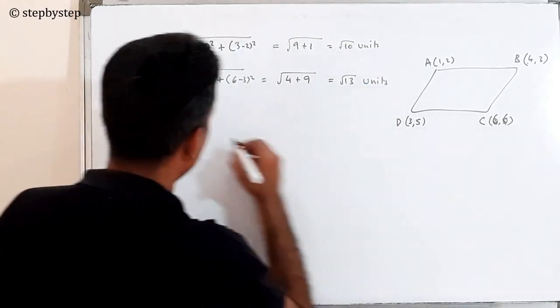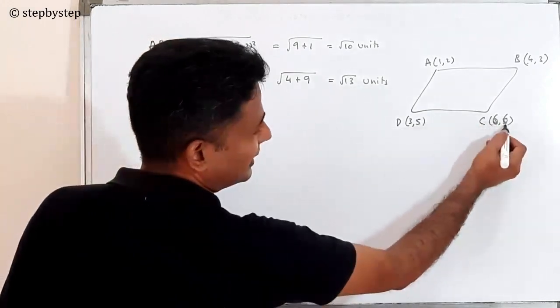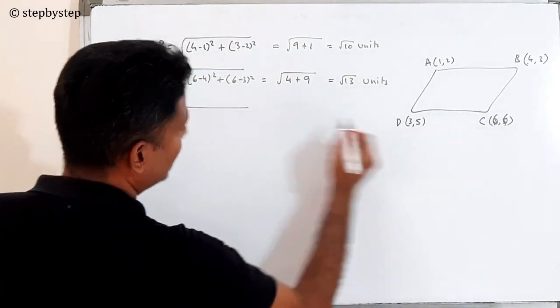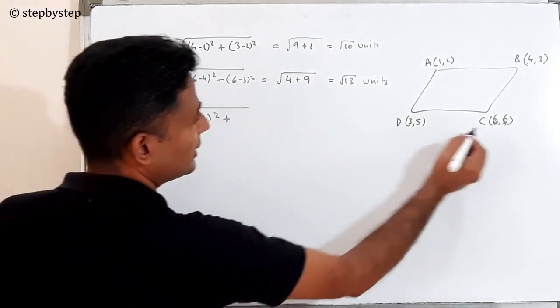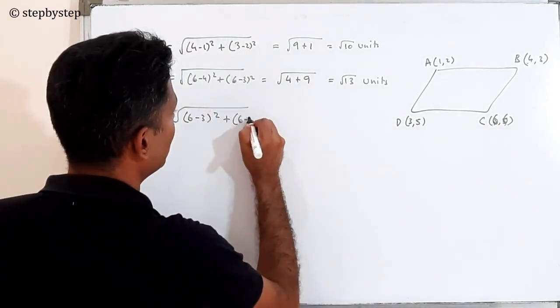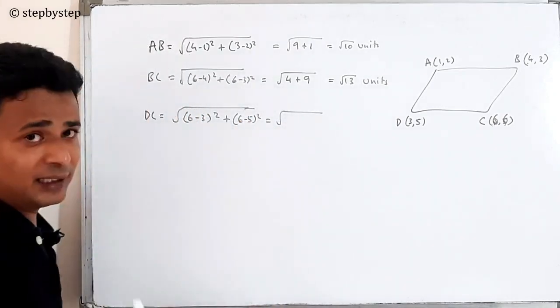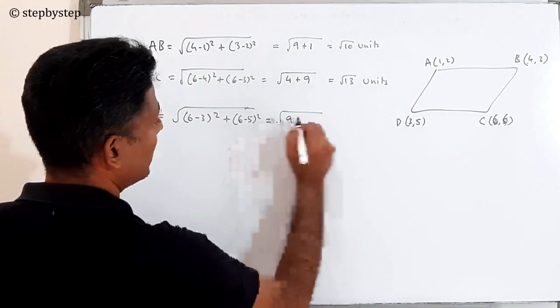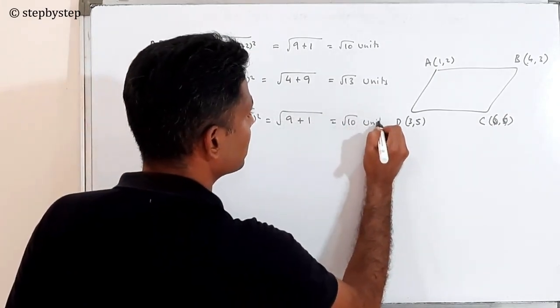Then I'll find DC. I'll take again this as x2, y2. So 6 minus 3, x2 minus x1, that is 6 minus 3 whole square plus 6 minus 5 whole square. So what do I get? 6 minus 3, 3 square is 9, 6 minus 5 is 1, plus 1. So root 10 units.